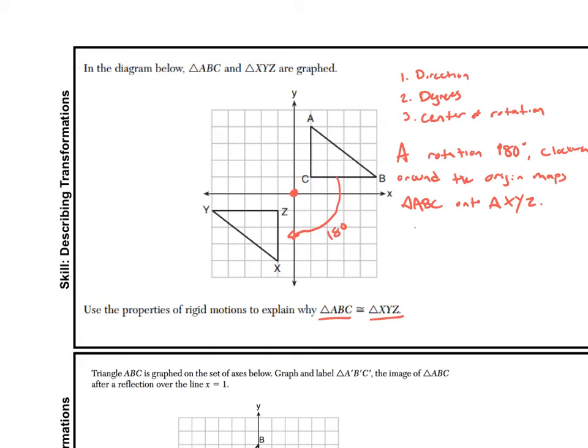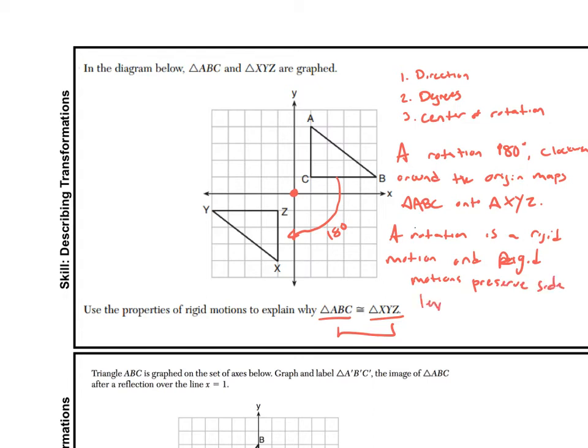And then the next sentence, you might remember this. The question says, explain why they're congruent. All we have to say is this: a rotation is a rigid motion, and rotations and rigid motions preserve side lengths and angle measures.